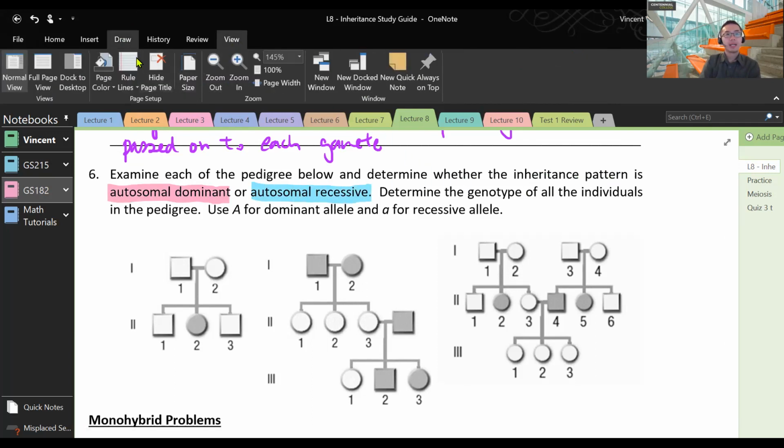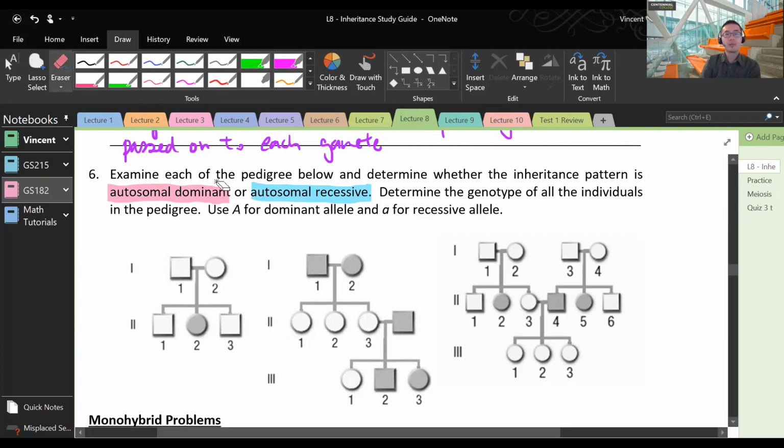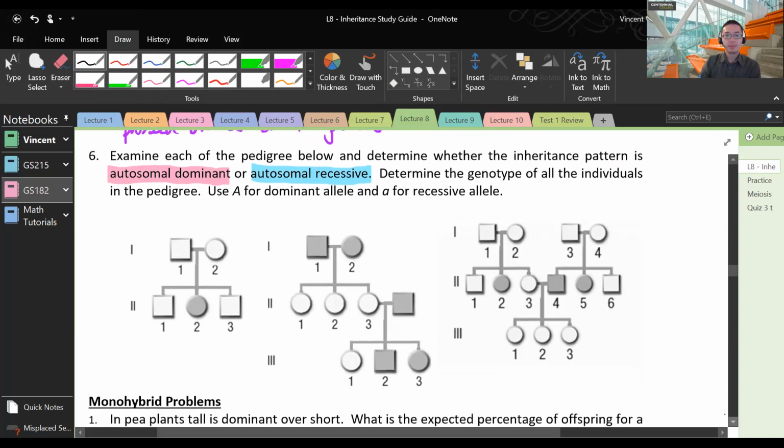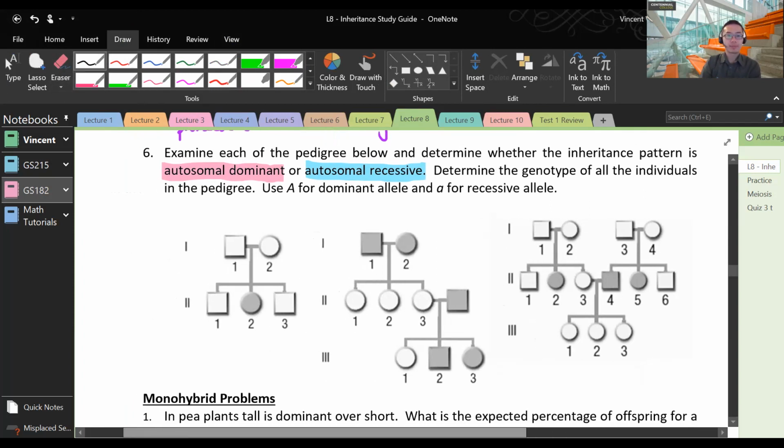Okay. And just to make sure everybody knows what dominant and recessive mean: dominant means you only need 1 copy for the trait to show up. Recessive means you need 2 copies, right? Okay. So let's take a look at this here. If it's not shaded in, that means the person does not have the trait. If it's shaded in, that means the person has the trait.